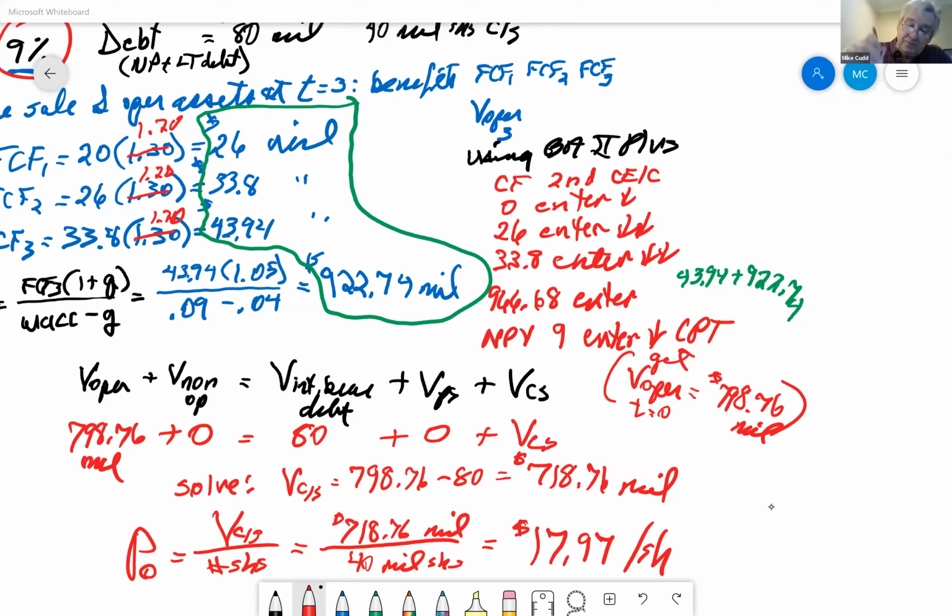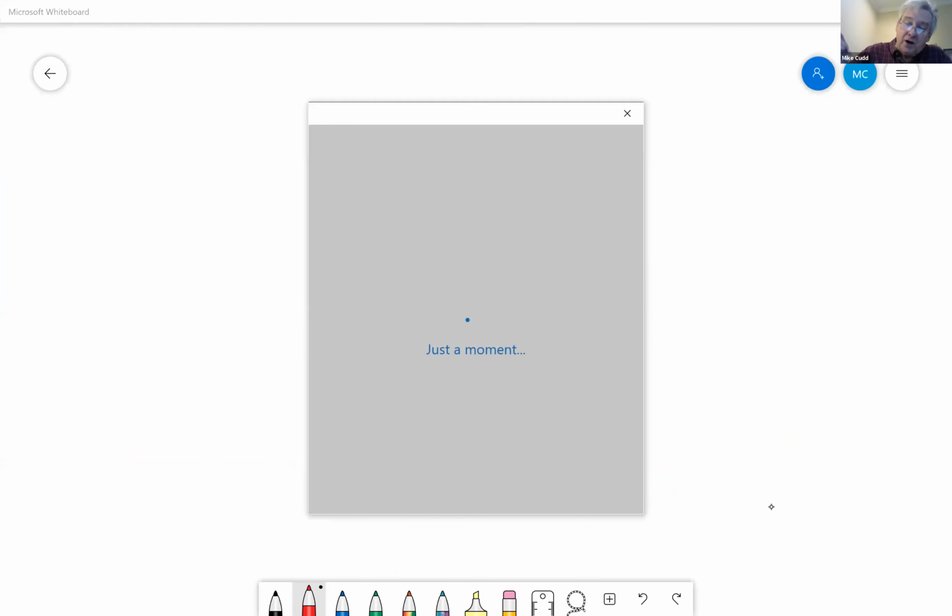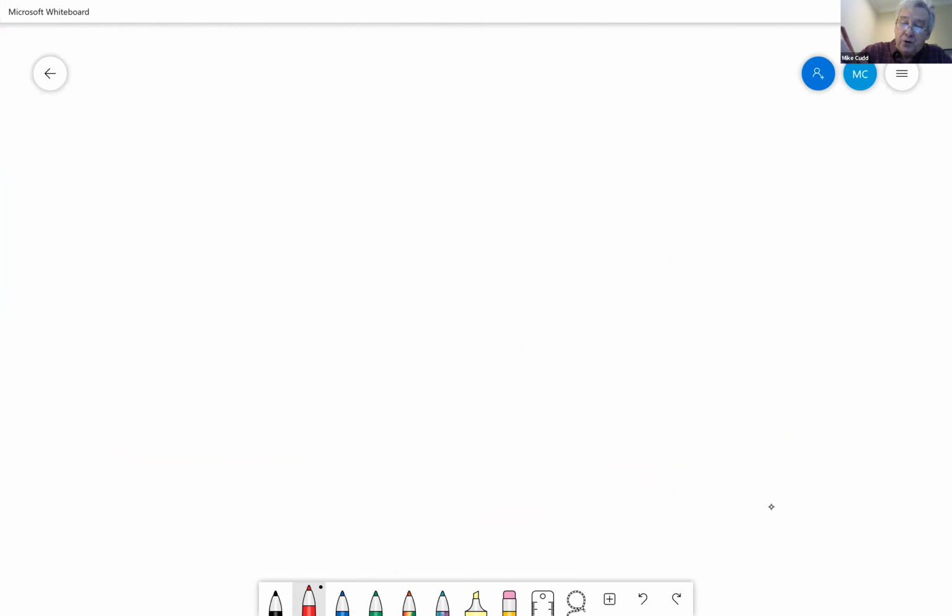Just to be double sure, in the upper right-hand corner, you have this and this. And what you want to do is hit that. That'll minimize it.